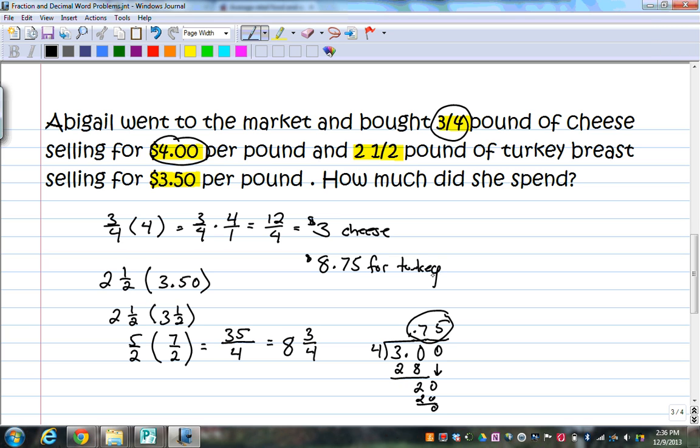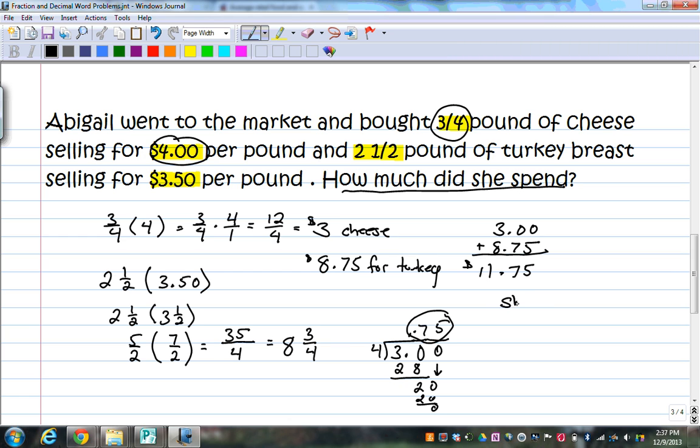Now, you have to look and say, did you actually answer the question? The last sentence says, how much did she spend? So in other words, total. So you would take 3 plus 8.75. And then you would get, whoa, 11.75.